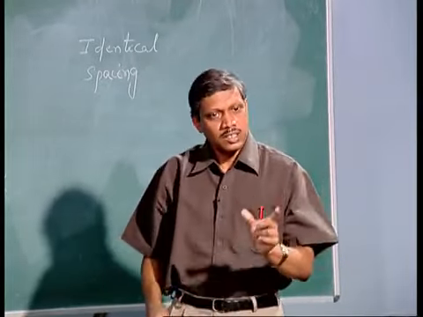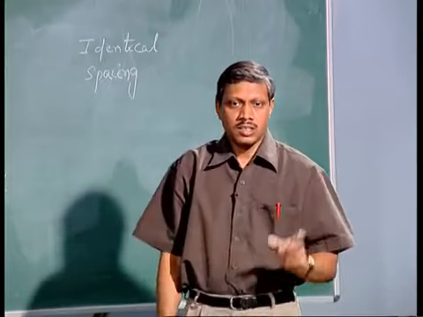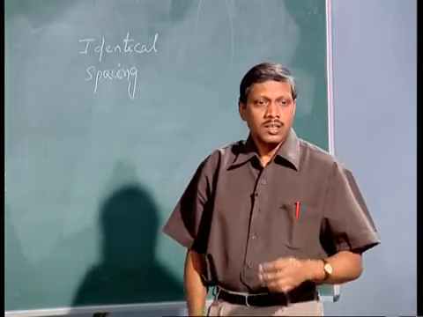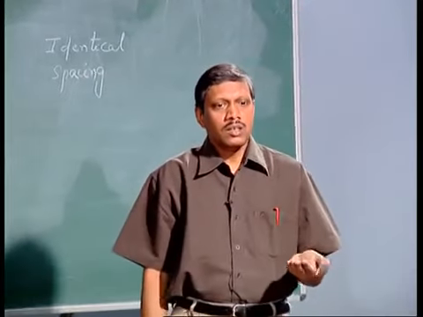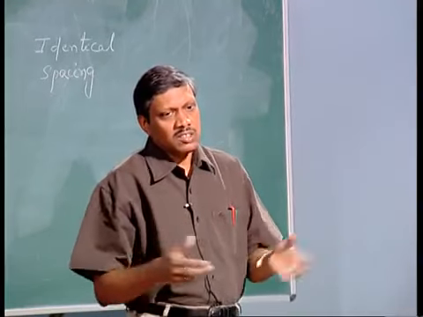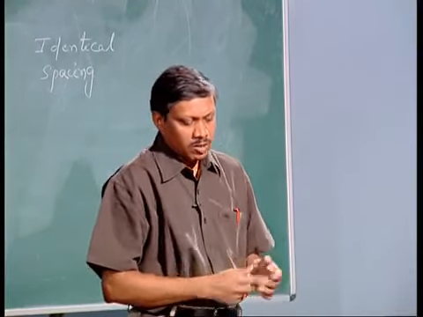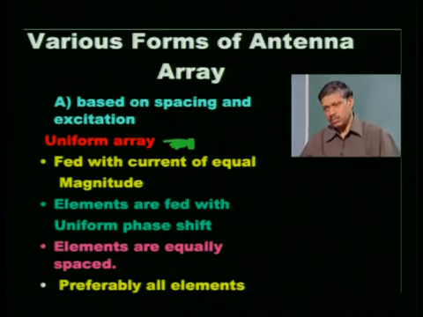It is not that one is D by 2, another D by 4, another is D; it has to be D. They will be excited with the same amplitude, and there will be a uniform phase shift. If these conditions are satisfied, then you have what is called a uniform antenna array.